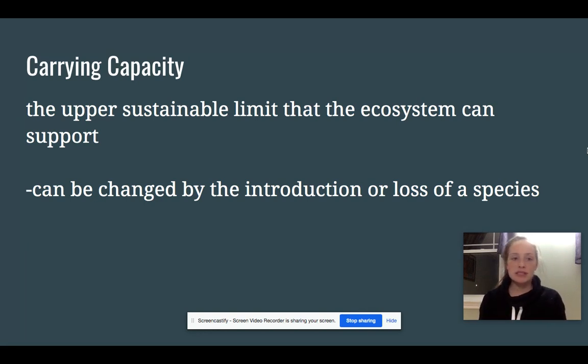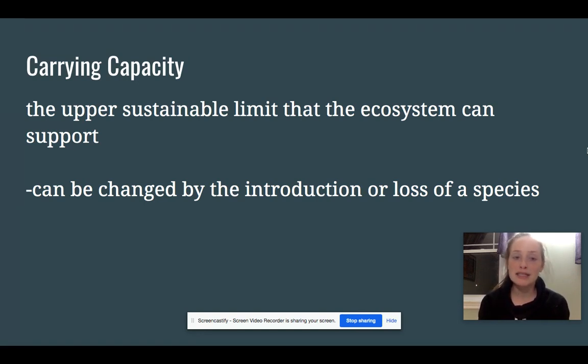This means that as individuals become more crowded, there will not be enough resources for each individual, and they'll also become more susceptible to predators and diseases. At that exact point, the carrying capacity has been reached.